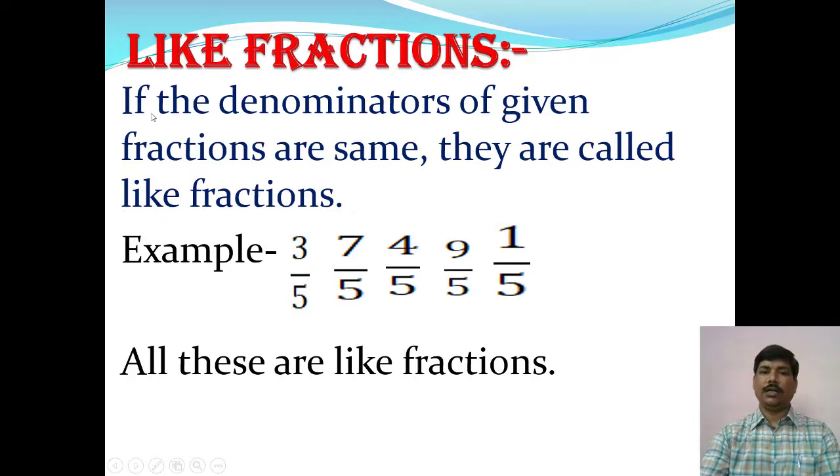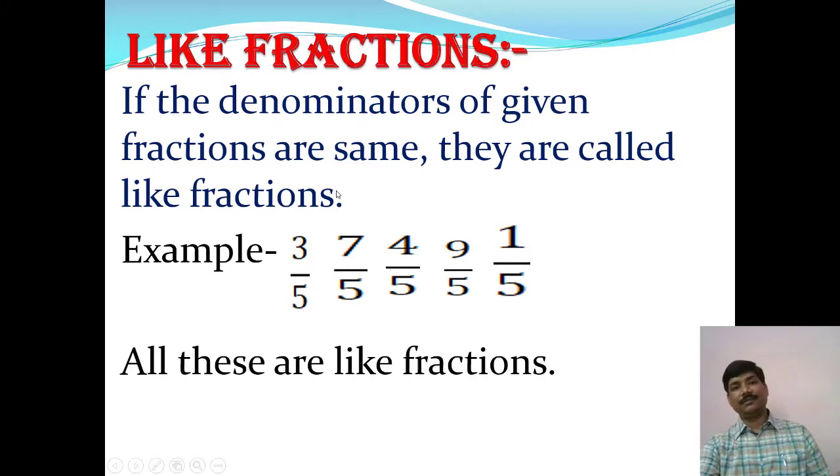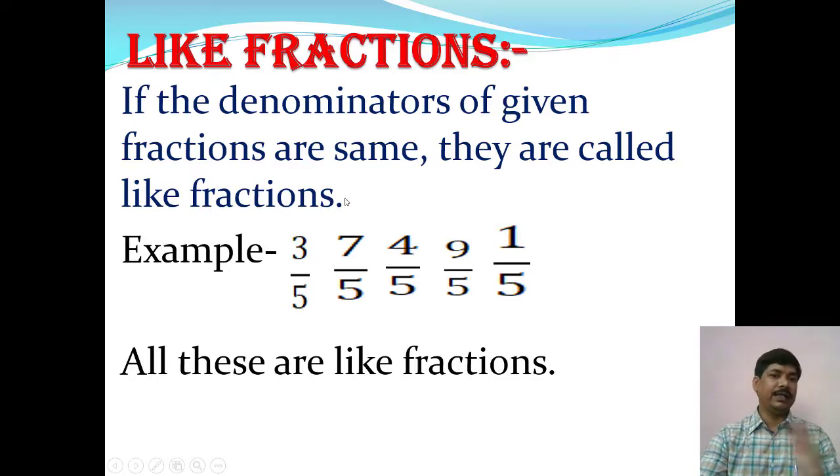How do we check? Whenever we observe the denominators of all the given fractions, if they are equal, then we can say that this group of fractions are like fractions.